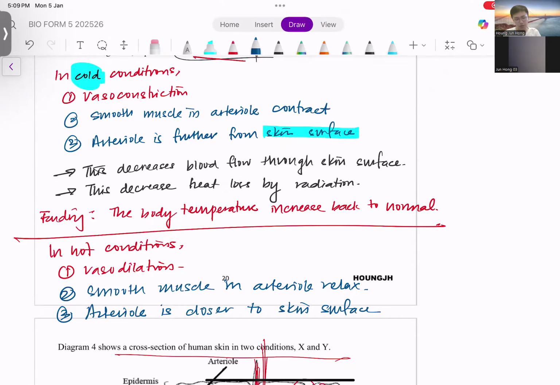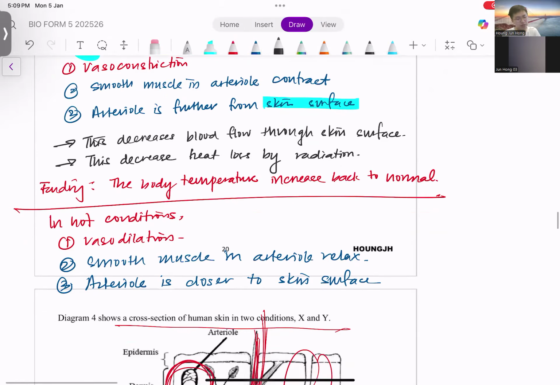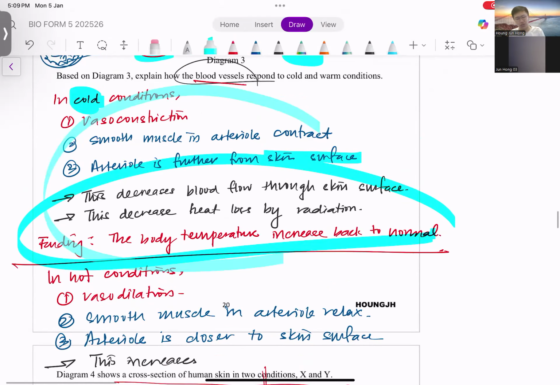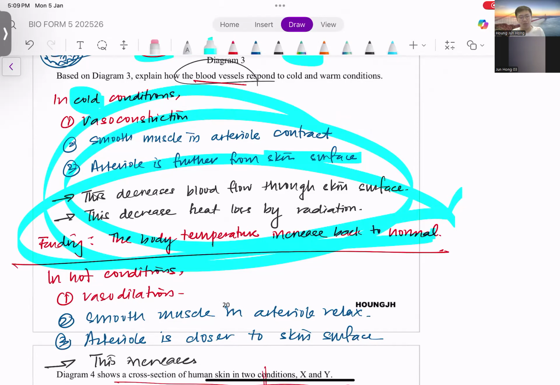Now you can pause the video if you want to, but I'm going to go a bit fast just to complete this part. When you are closer to the skin surface, you can then increase the blood flow, increase the heat loss. Everything, just literally copy, and you just change the words increase, decrease. I think that should be really simple. If you can memorize this essay, you don't even need to memorize this one.